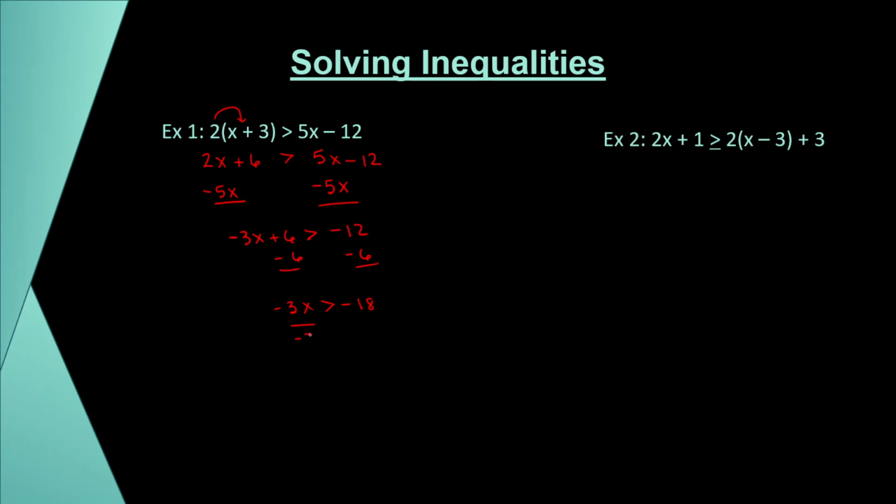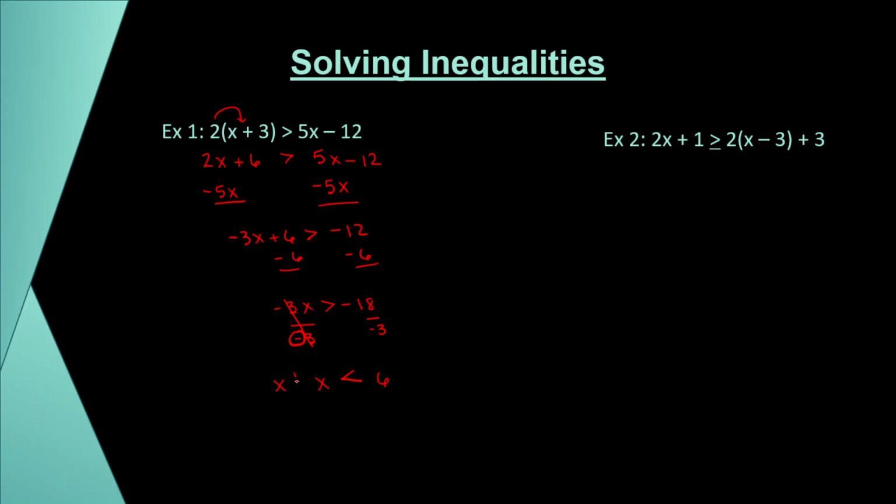And now I need to divide by -3, which is the same thing as multiplying by -1/3. And so in doing so, I'm left with an x, and I'm left with a 6. But because this was negative, I'm going to flip the inequality around. So this is my solution.